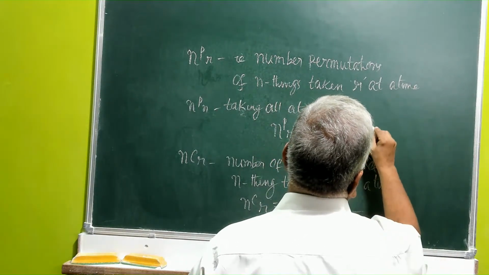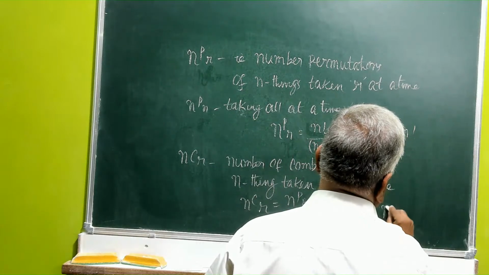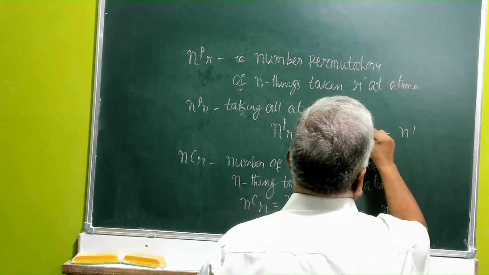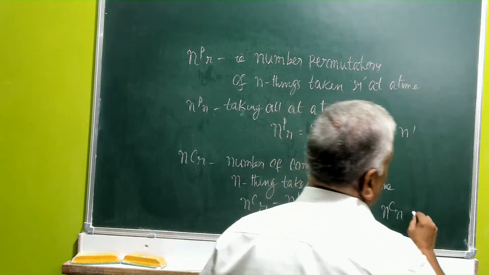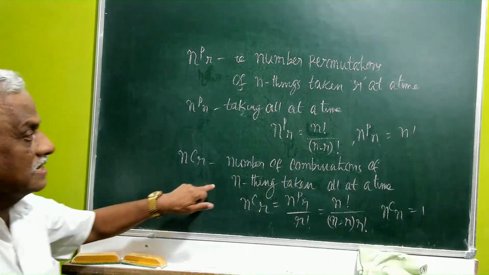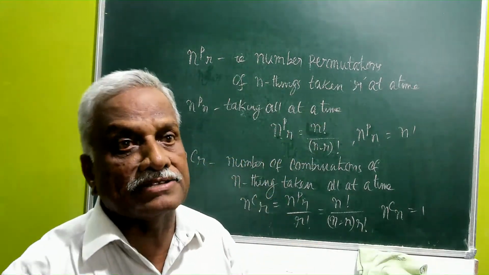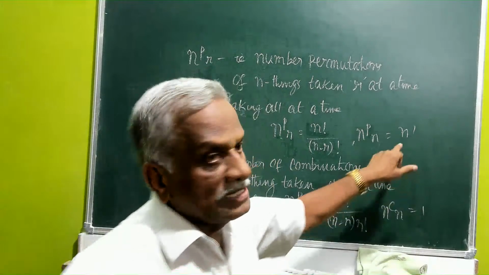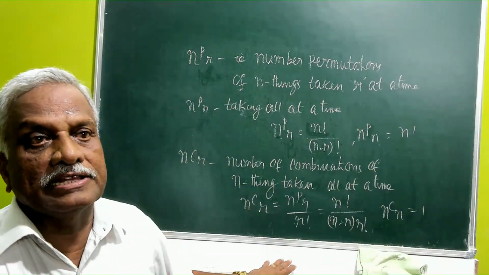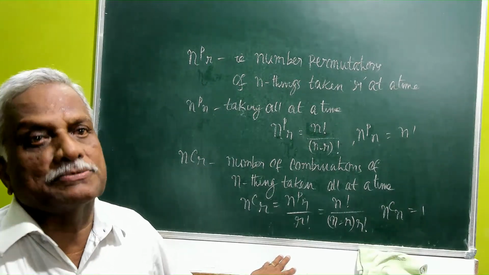Please note nPn is factorial n, whereas nCn is 1. So nPn means arranging all the n things taken all at a time. That is factorial n. Whereas selection of all: so there are 5 things, select all the 5. So that means only one is possible.